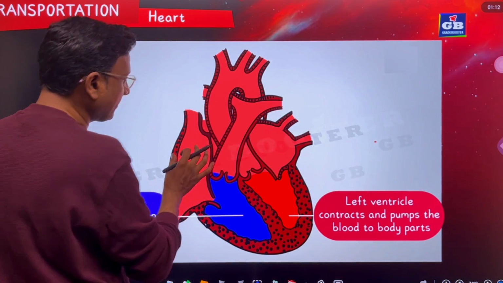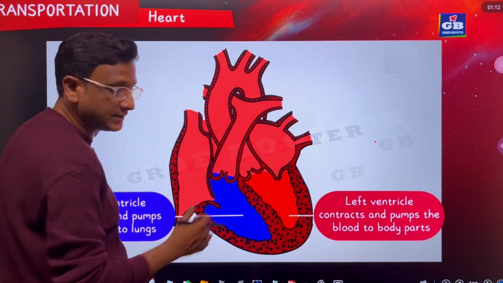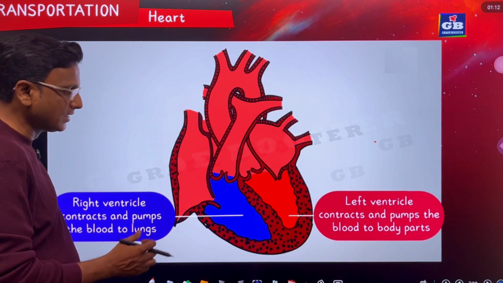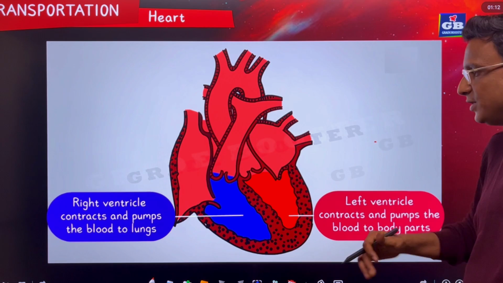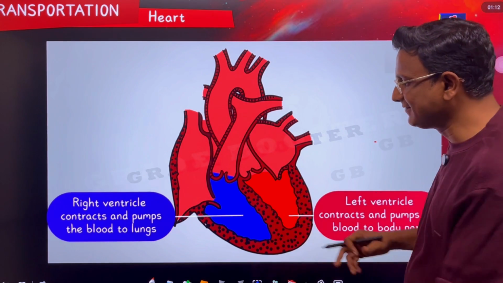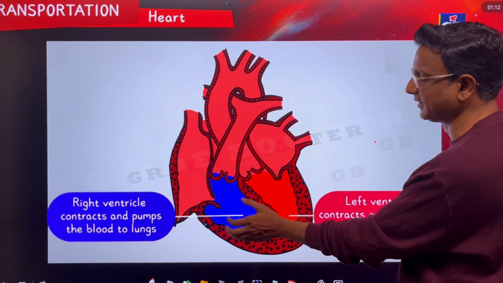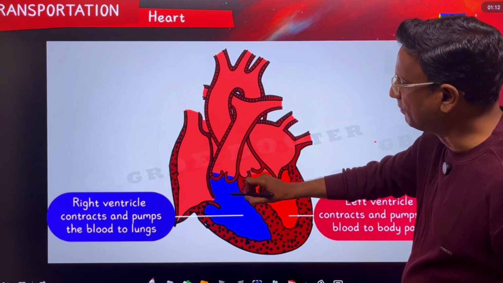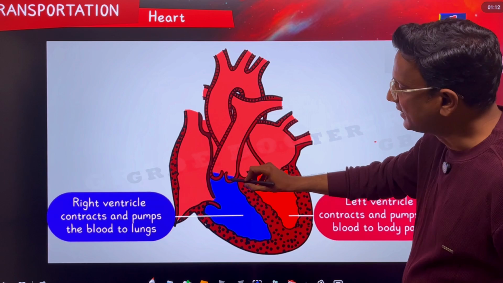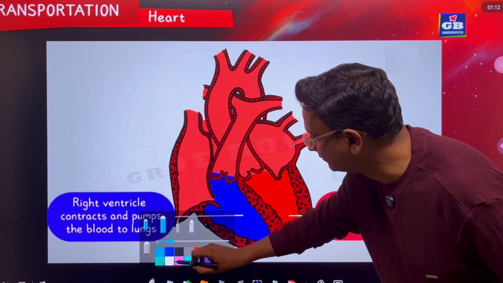So next, the blood from the atria has entered the ventricles. From here, the blood is pumped to different parts. Now the right ventricle contracts and sends the blood. Which blood is this? Deoxygenated blood.